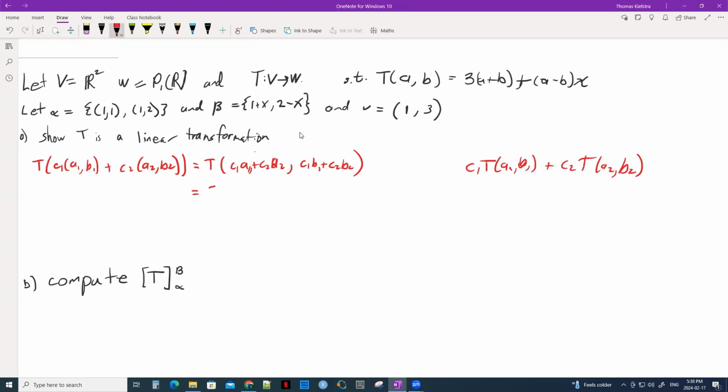So this is going to equal 3 times the bracket (c1a1 + c2a2 + c1b1 + c2b2), plus the bracket (c1a1 + c2a2 - c1b1 - c2b2), all times x.